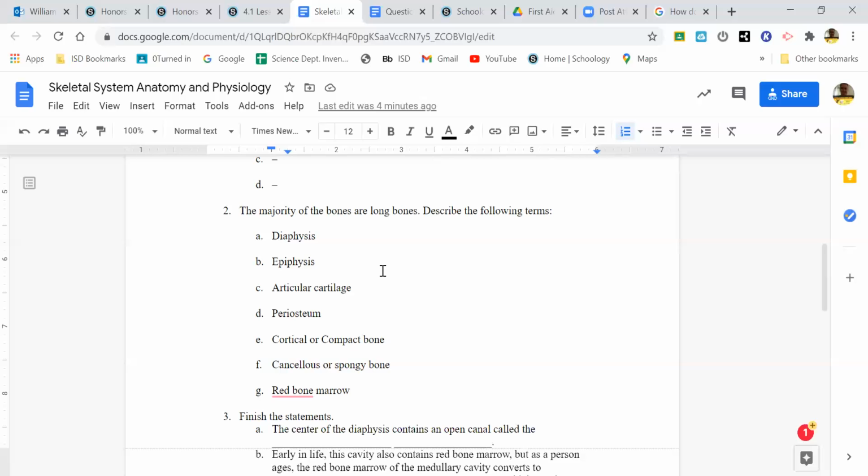Cortical, or compact bone, is the dense, hard, exterior surface bone. The cancellous, or spongy bone, is found inside the bone, and that's usually at the ends.